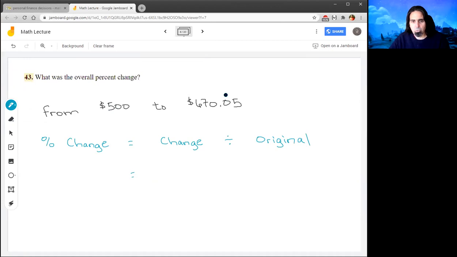So what's the change? It's going to be the bigger one minus the smaller one. In this case, 170 over, which of these was the original? 500. 500, right? That was the beginning of our story. So what do we get? 170 divided by 500 is about 0.34. So that would be 34% after we do our replot.